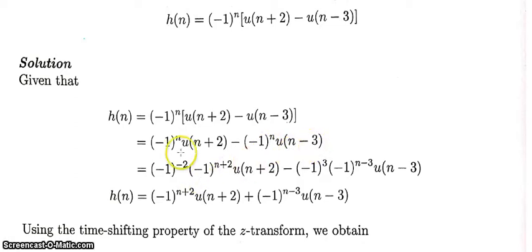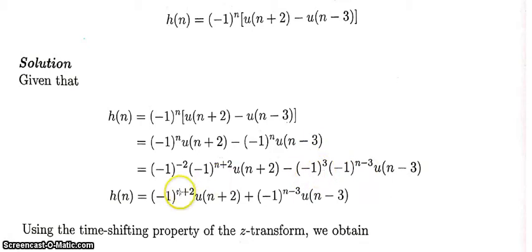Now the first term, the minus 1 raised to power is expressed as n plus 2. So here we are adding plus 2, and to cancel that effect, we multiply with (minus 1) raised to minus 2. Similarly, for the second term, minus 1 is raised to n minus 3, and we are adding minus 3 here, so to cancel its effect, (minus 1) raised to 3 is multiplied.